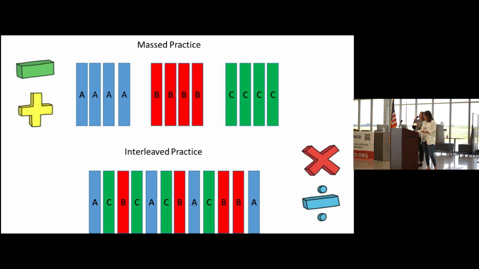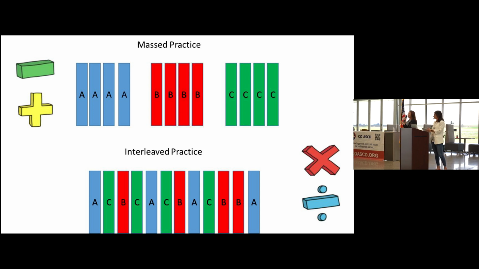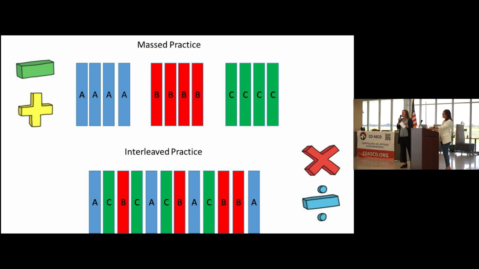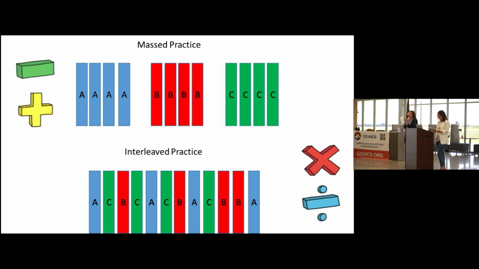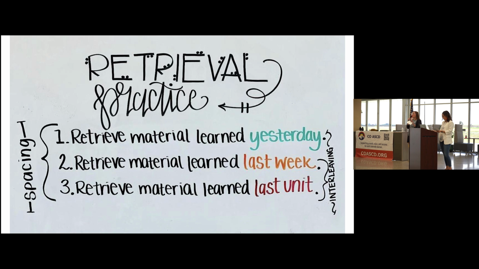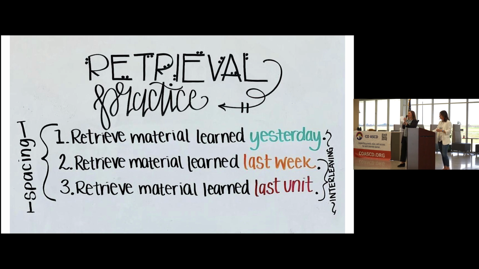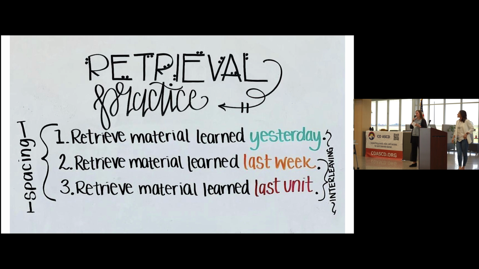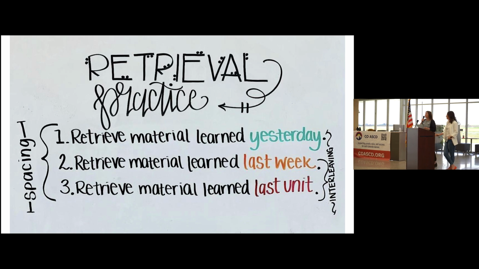Pitchers, to be more effective, really should mix up their practice of fastballs, curveballs, old school, then knuckleballs, versus massed practice. So in math, as an example, mixing addition, subtraction, multiplication, division versus doing them in chunks is actually more effective for students to remember.